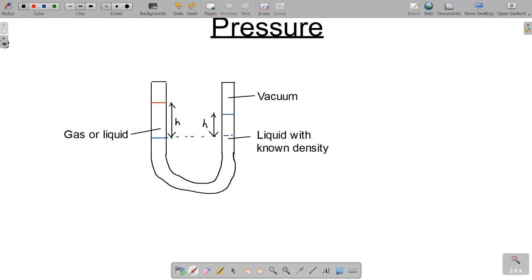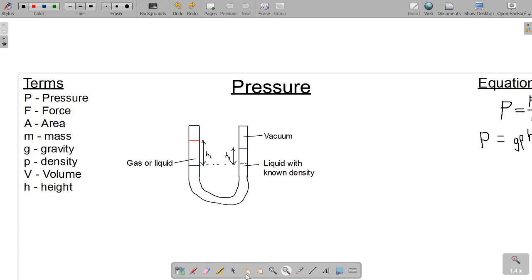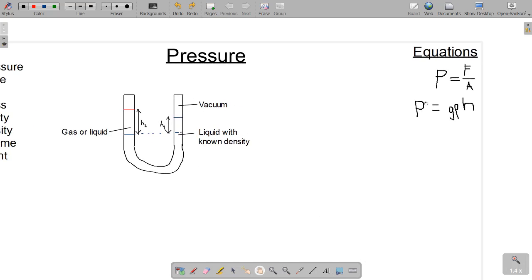I'll just label it H2. So basically, you know P equals H rho G. You know P, you know H, but you don't know rho, but you know P. So you can use this to calculate the density of this liquid.